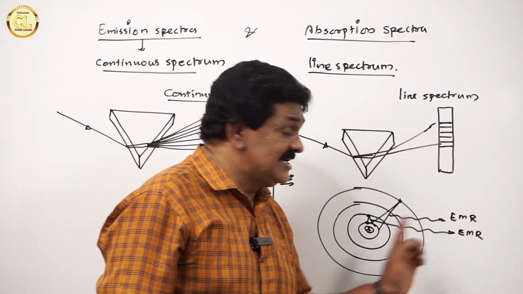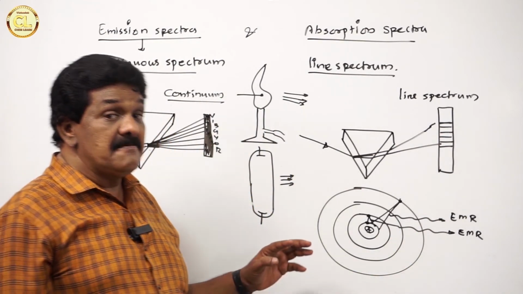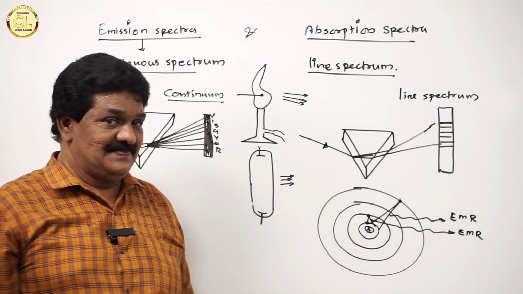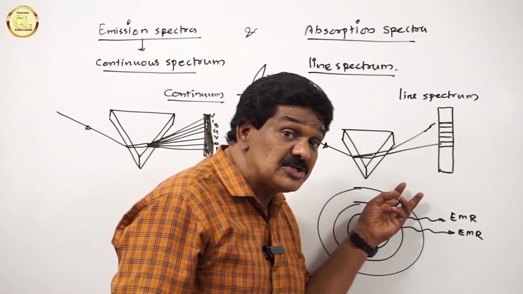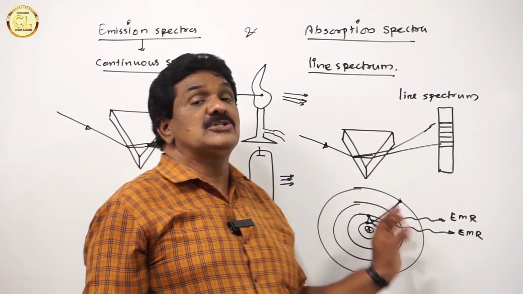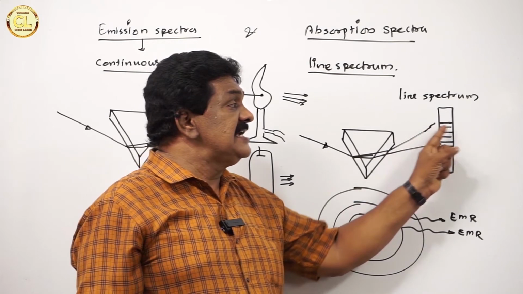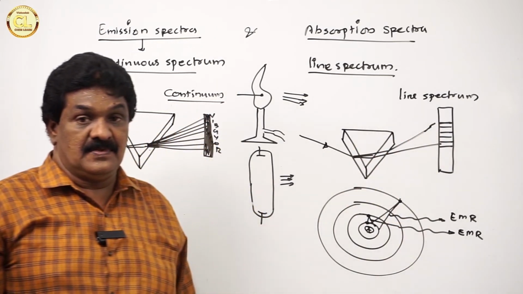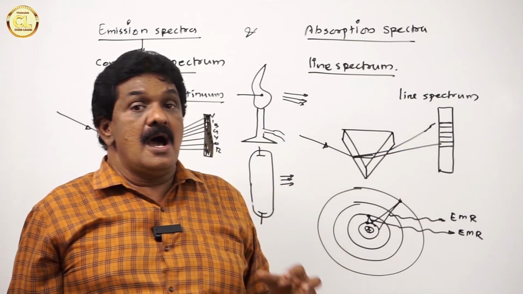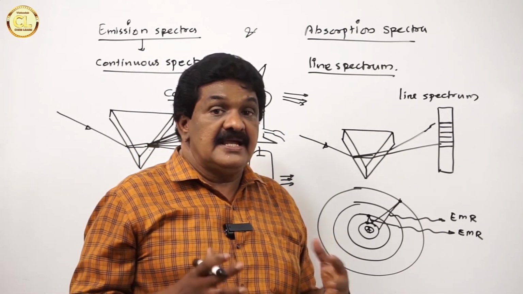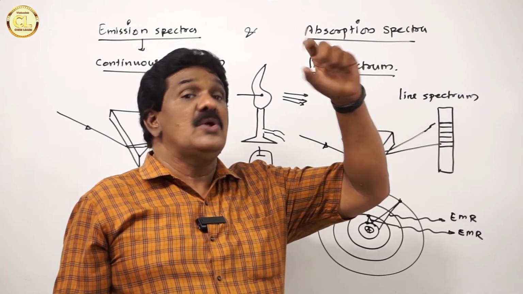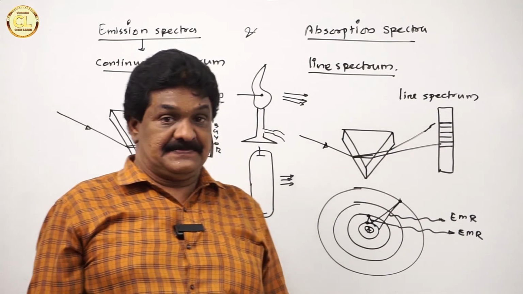This electromagnetic radiation is emitted by the excitation followed by de-excitation. Excitation of the electron followed by de-excitation is the cause of the lines in the line spectrum. So the lines in a line spectrum are due to the electromagnetic radiations emitted when an electron undergoes excitation followed by de-excitation.